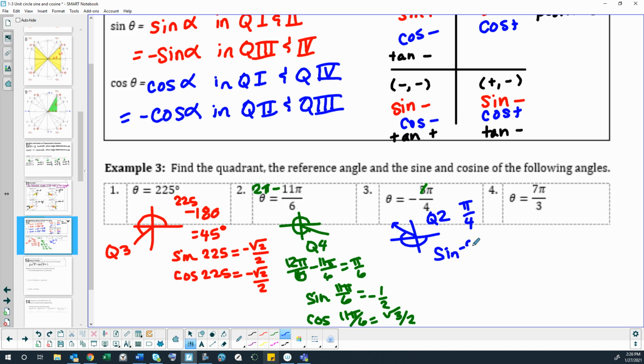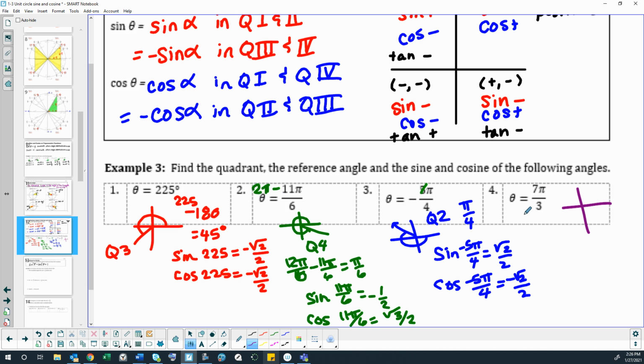So the sine of negative 5 pi over 4 will be positive square root of 2 over 2, and the cosine will be negative. That has nothing to do with the fact that the angle itself is negative. It has everything to do with what quadrant it lands in and what the x and y values are in that quadrant.